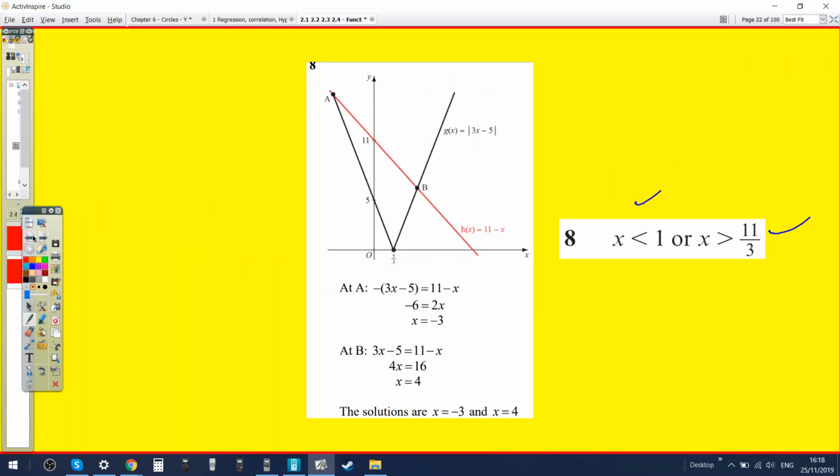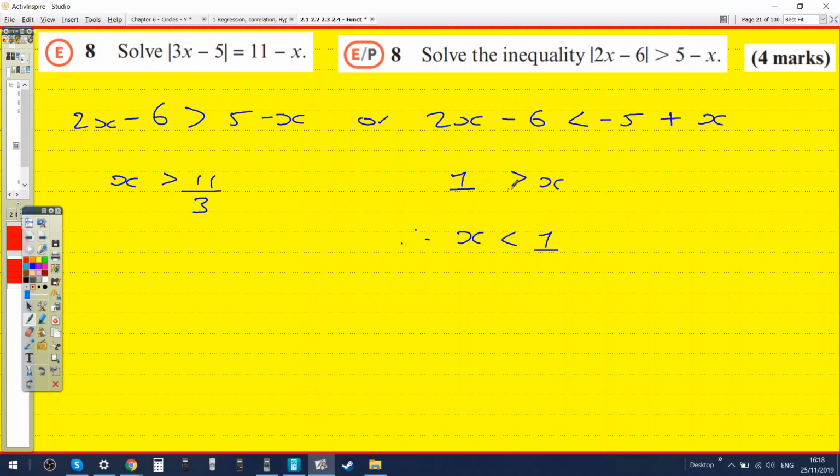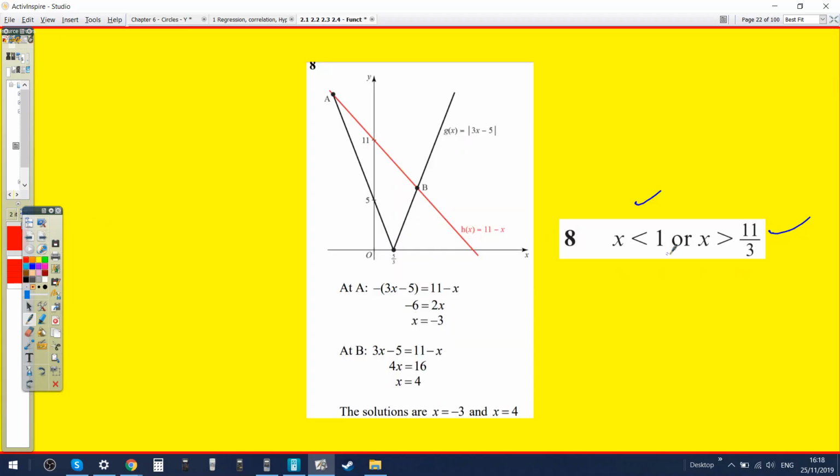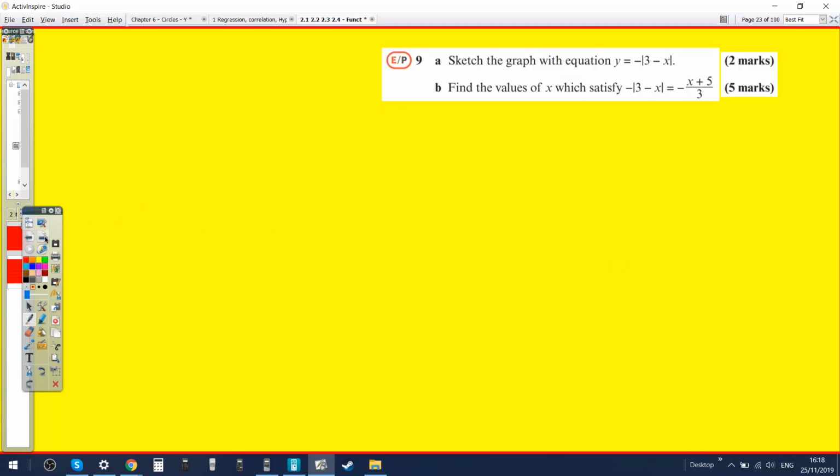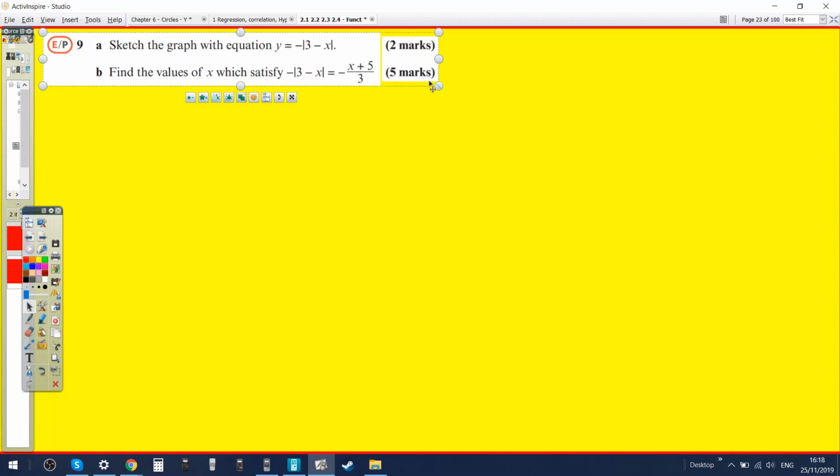Yeah, so we usually put x on the left side. So 1 is greater than x, so x is less than 1. You just flip them around and swap the sign. Oh, yeah. And you can see in the answer they put the x on the left. Okay, I thought you'd get it right, and you did. So the method is the same. So now it's a 5-mark question.